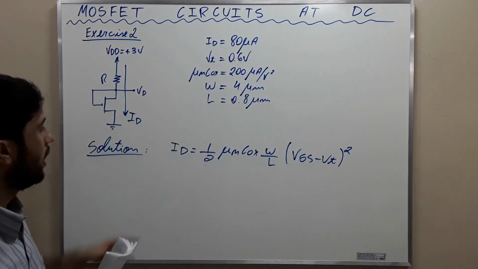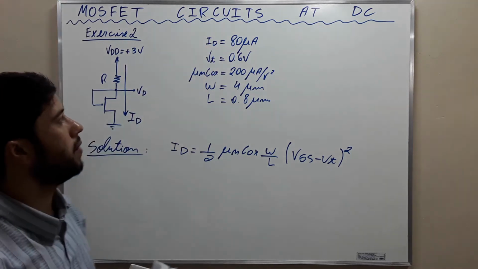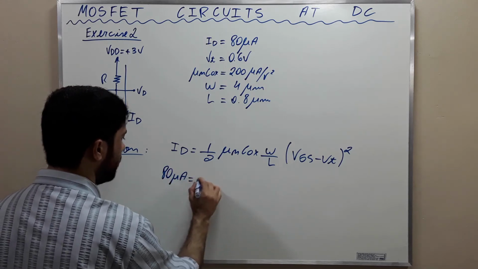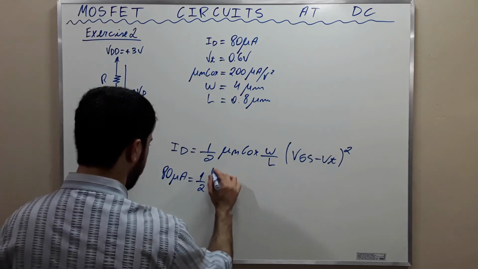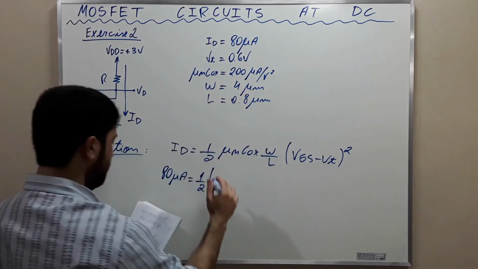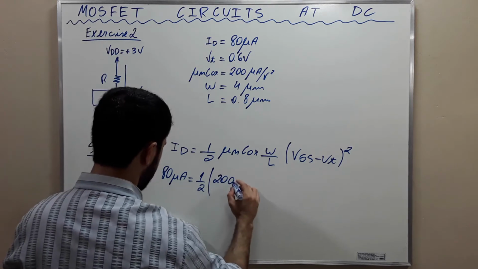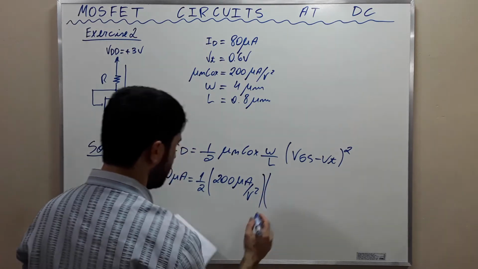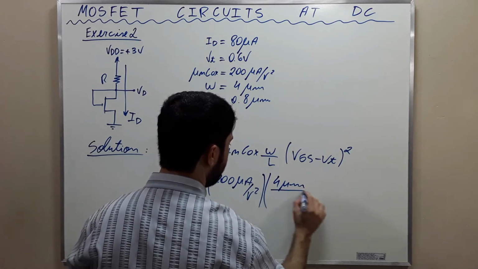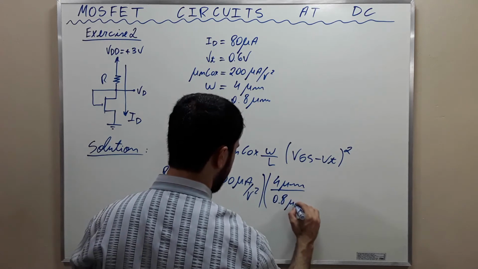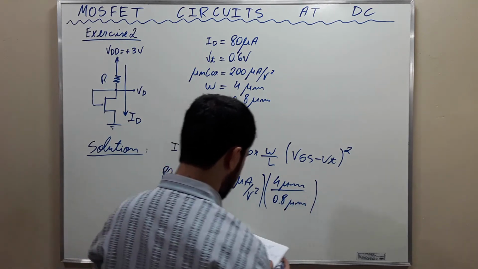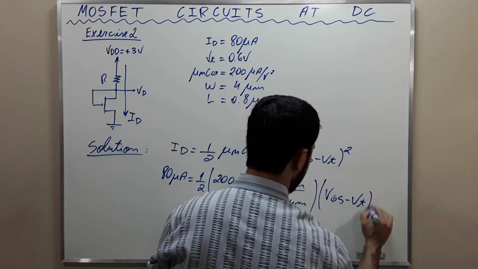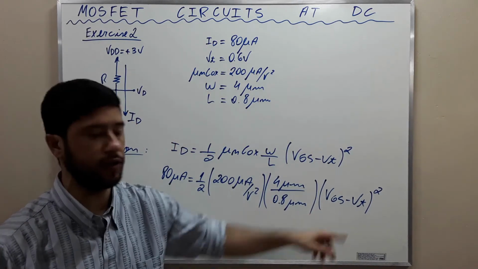ID we know is 80 microamperes. 80 microamperes equal to a half of, we substitute this value here, 200 microamperes per volt squared times 4 micrometers divided by 0.8 micrometers. And here again, we use VGS minus VT squared. We are going to solve for this term here.